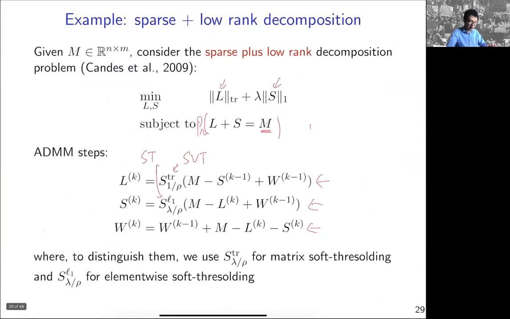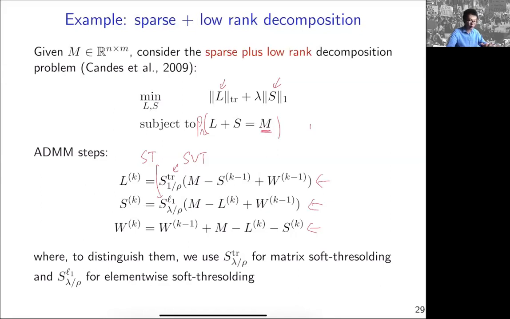And there's this robust PCA problem, which falls directly into the ADMM form, where you want to decompose an observed matrix M into a low rank component and a sparse component. Directly minimizing this is somewhat difficult, but with ADMM this becomes very straightforward.